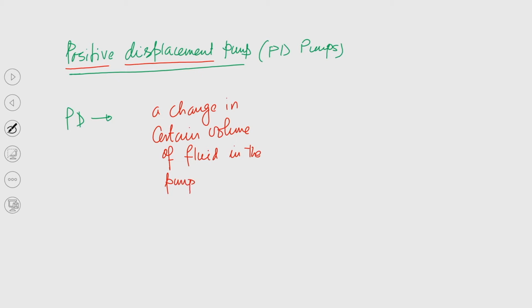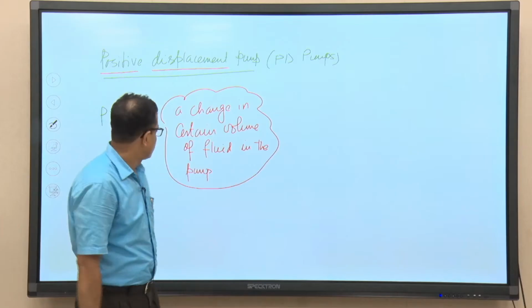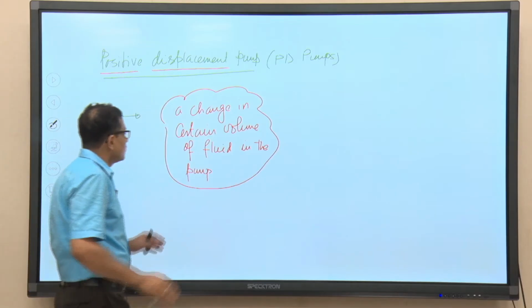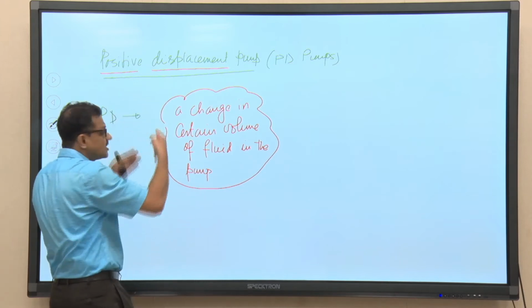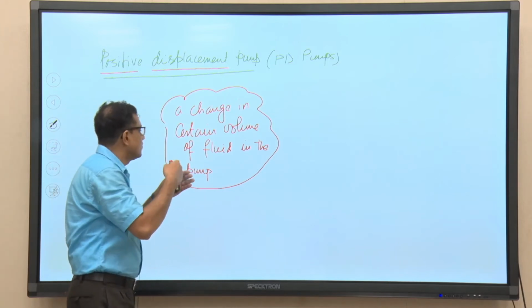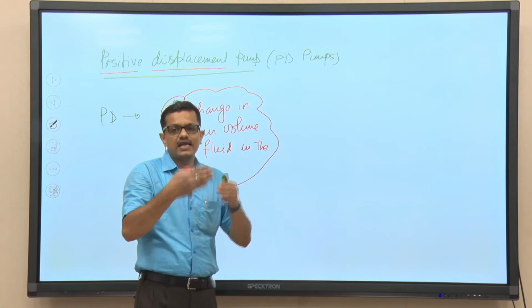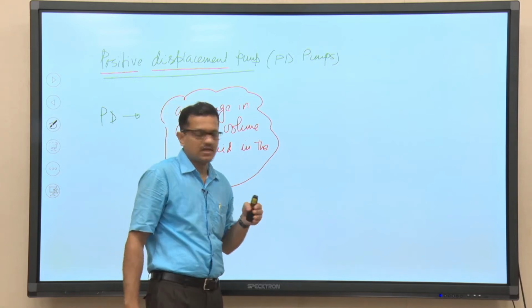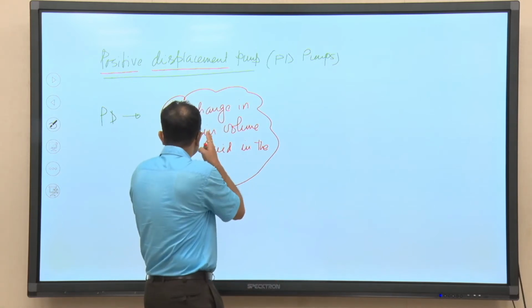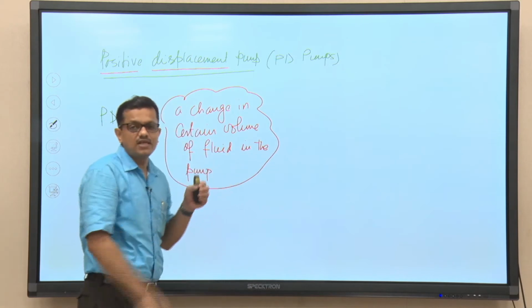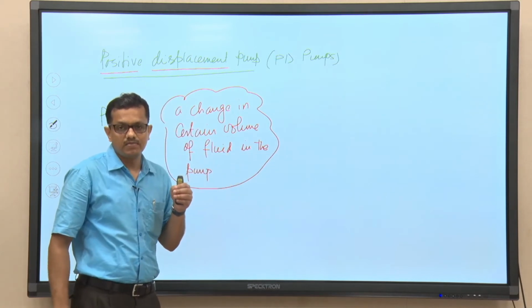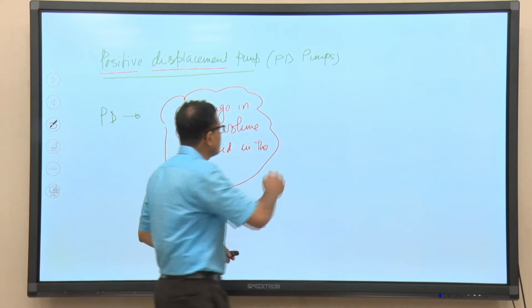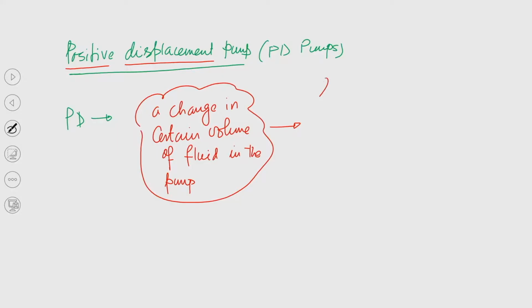This is the important part. Positive displacement means a certain volume will change with time. So, basically there will be a spatiotemporal change of the certain volume of fluid within the machine or pump itself.